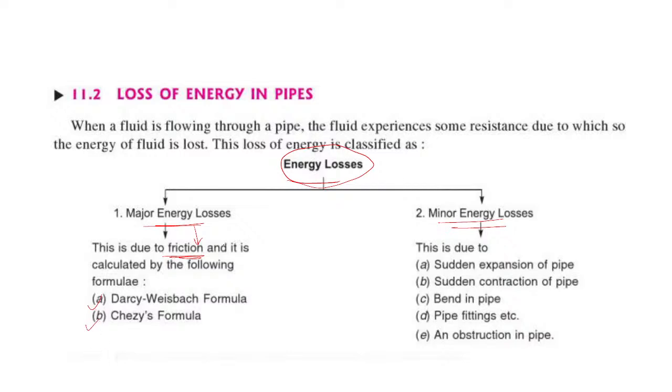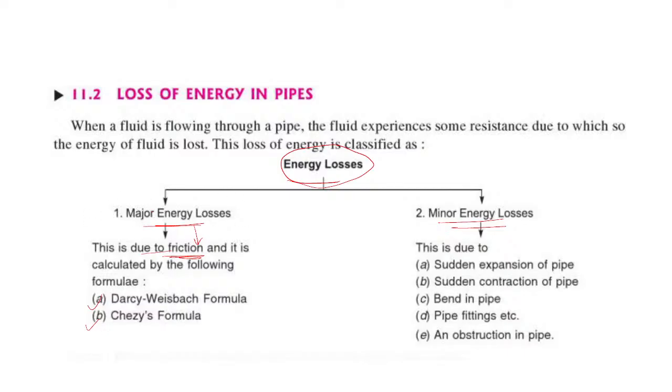If only either of the statements is given, or the word friction is mentioned somewhere, then keep in mind that the problem belongs to major energy losses. So only the friction part. Let's focus on friction. Due to friction, how can you find the major energy losses?